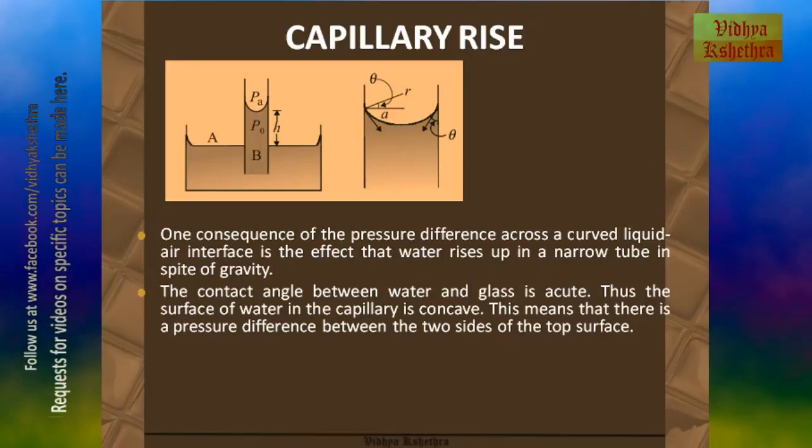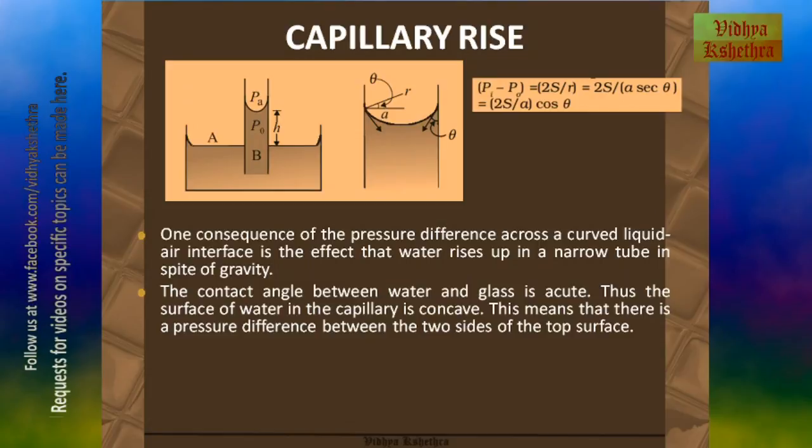Since the surface of water in a capillary is concave, capillary rise is observed. While in the case of mercury, the surface of mercury inside a glass tube is convex, and hence a fall in the level of mercury is observed.